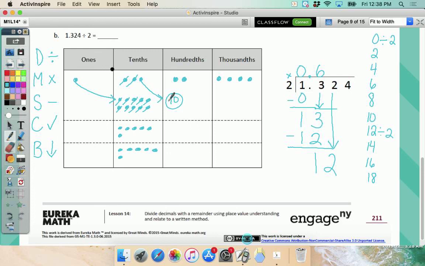All right, so after you bring down, you go back and you do what? You divide. So Carlos, 12, what do I have here? We've already used it, haven't we? So what's 12 divided by 2? Carlos, we just did it. 6, good. Crystal, what do I do after I divide?